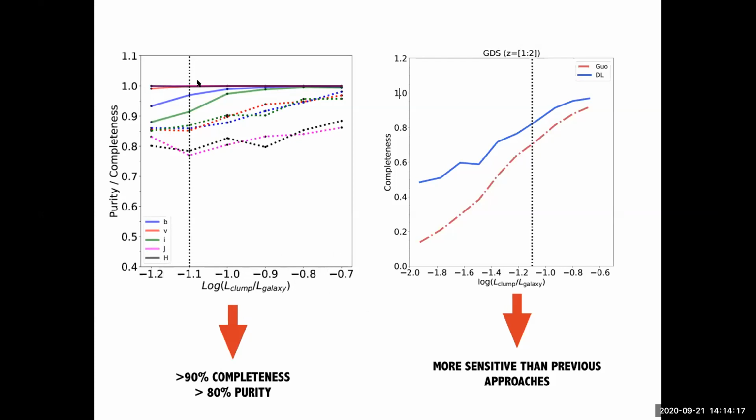The solid lines are completeness, so you're close to 100% when the clumps are bright enough. And this is purity, close to 90%, which is expected for these simple analytic profiles. There is no a priori modeling of the filters; we let the network find it. You see that in the infrared it is a bit lower, and this is because of resolution.